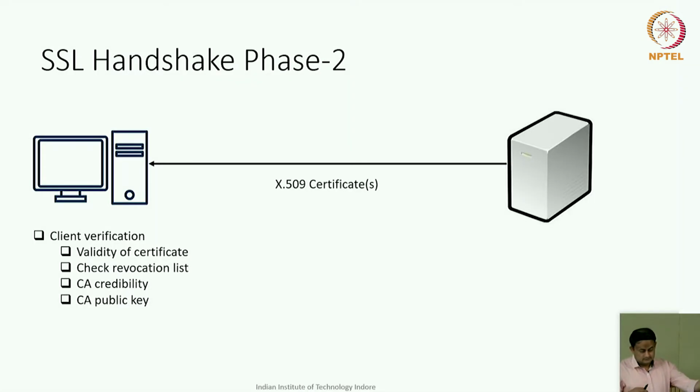Once the certificate is received, the client needs to check the validity of that certificate, that is, whether what the server is saying is indeed correct or not. This validation or verification process is done through several things. It can check something called the revocation list. Whenever a certificate is issued, let's say hypothetically I got a certificate.